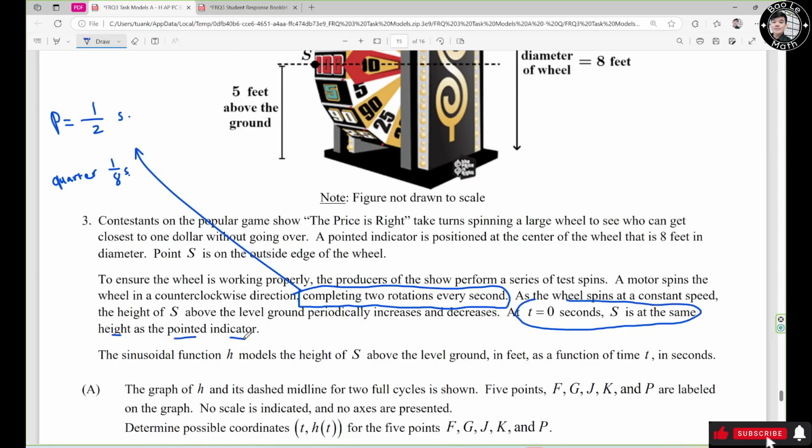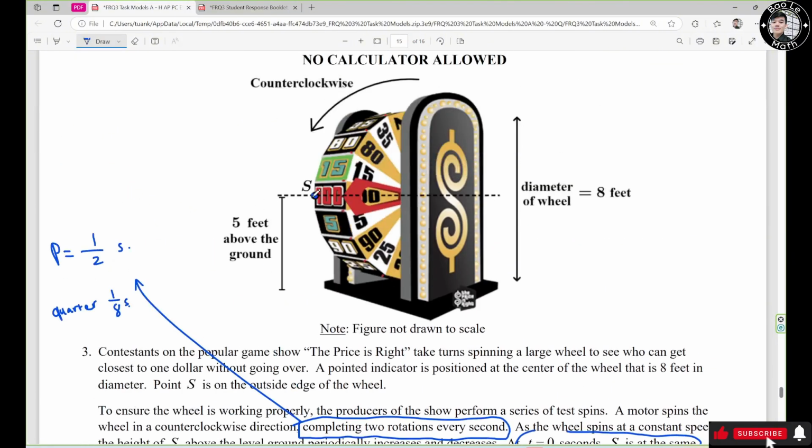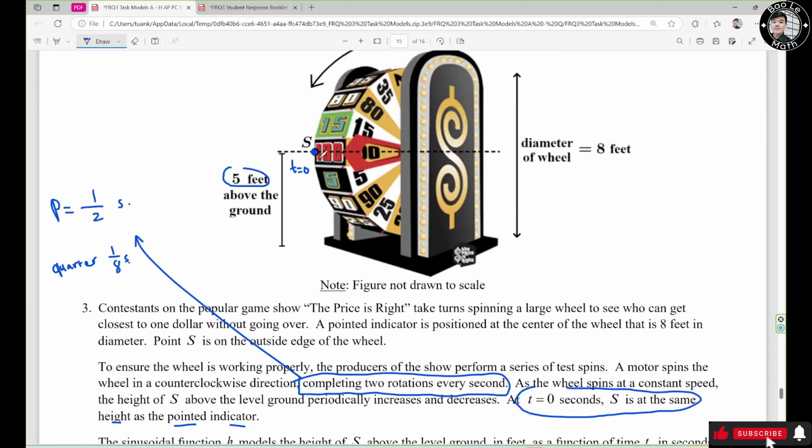Now, at time t equals 0 seconds, point S is at the same height as the pointer indicator. So right here, t equals 0, and this is the counterclockwise direction. The distance from here to here should be 5 feet. When point S goes over here, t equals 1 over 8 seconds, because each quarter is 1 over 8 seconds.